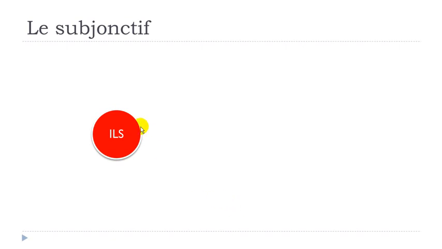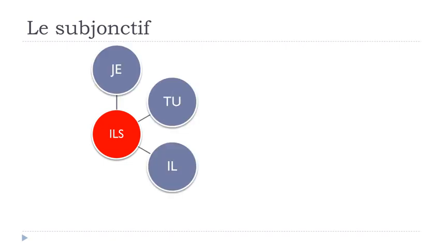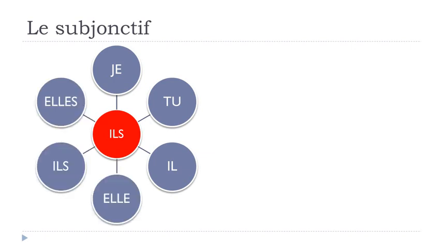This form of the present will help you to build the forms of the subjunctive for je, for tu, for il, for elle, and for ils and elles. So the form of your verb in the present, at the third person plural, will help you construct the subjunctive form for all these persons.